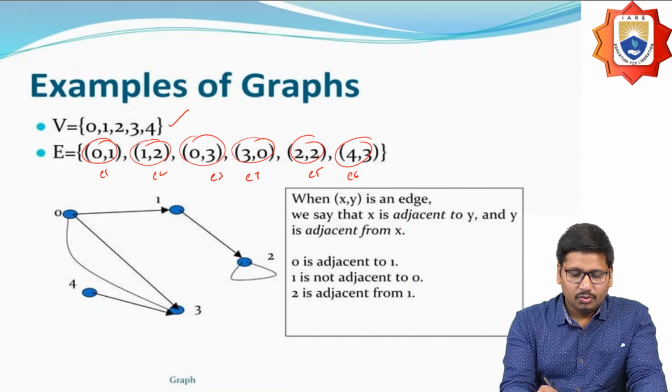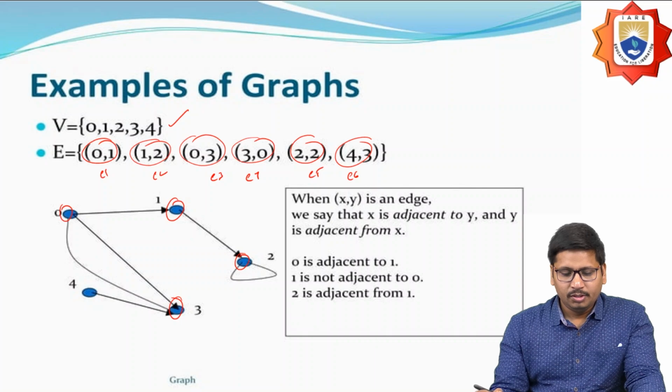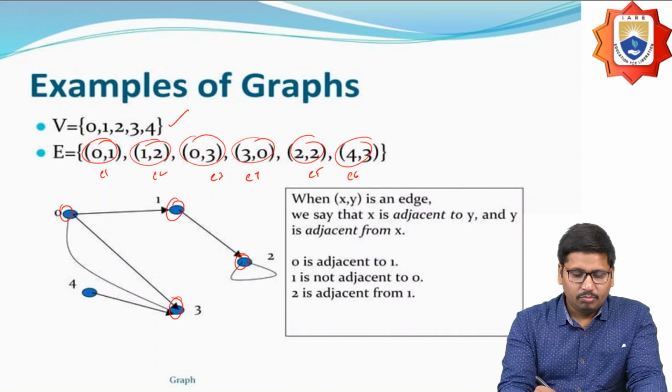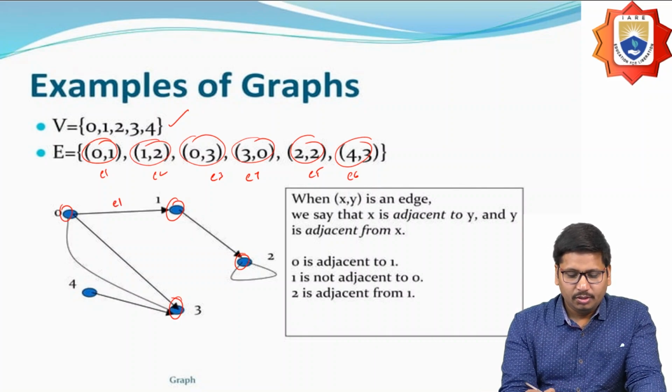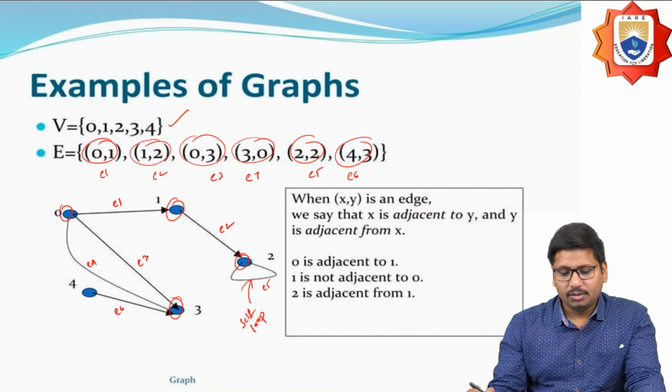So (0,1) is E1, (1,2) is E2, (0,3) is E3, (3,0) is E4, and (2,2) is called a self edge or self loop, E5, and (4,3) is E6.